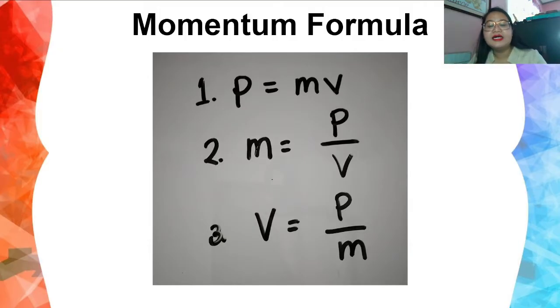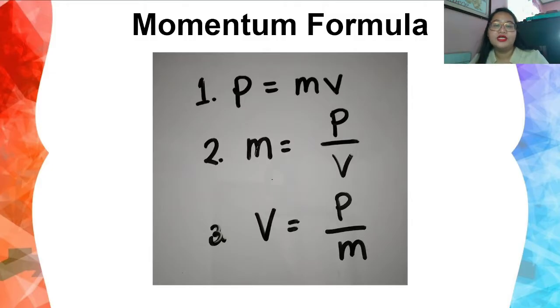Now let's remember, the bigger the mass of the object, the more difficult it is to stop the object. So in our first example, the truck and the car, the correct answer is the truck. Because it is more massive, bigger, heavier, it is more difficult to stop the truck, although they are moving at the same speed.